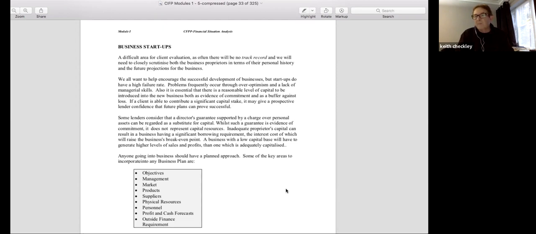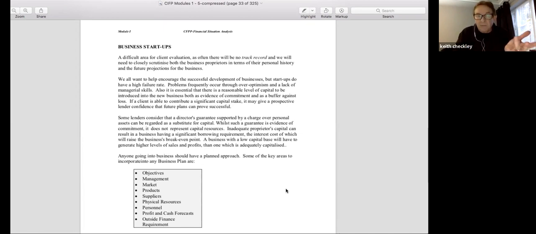And debt from the bank or other institutions, yes, that will help in terms of debt capital, as it were. But there's no real replacement for some capital coming in from the business proprietors to show their commitment and to help with the development of the business.